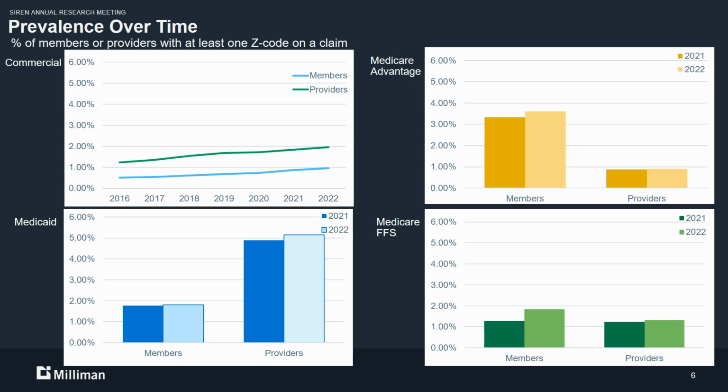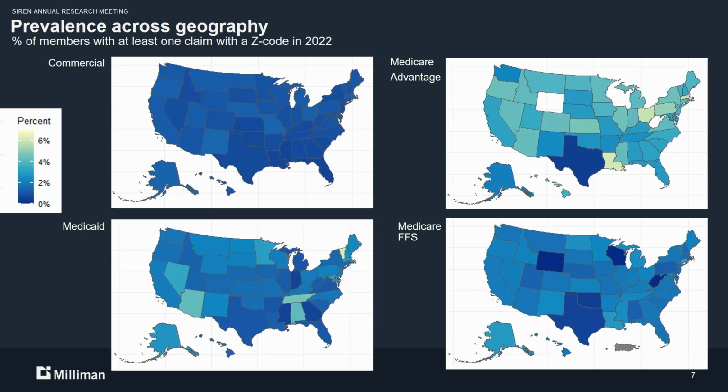We also show providers who are documenting as well, and I'll get to some more detailed provider information in a little bit. We also show percent of members with at least one claim with a Z code by state and market, so you can look at the geographic variation.